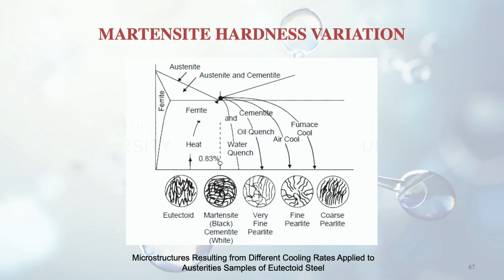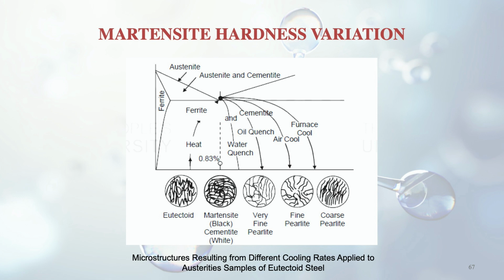Further we see that there is martensite, and there is a very fine pearlite in the figure, fine pearlite and then coarse pearlite. So it all depends on the cooling rate. See the arrow curves.